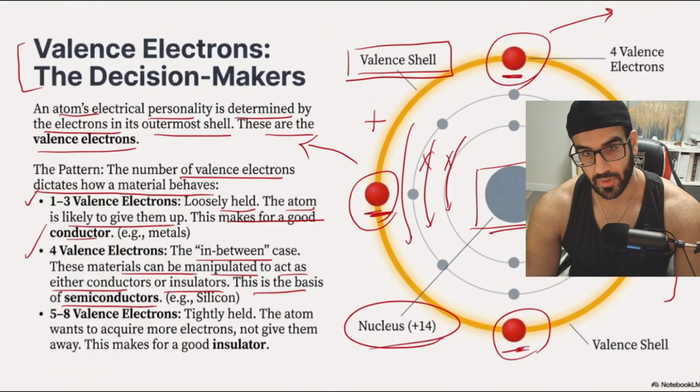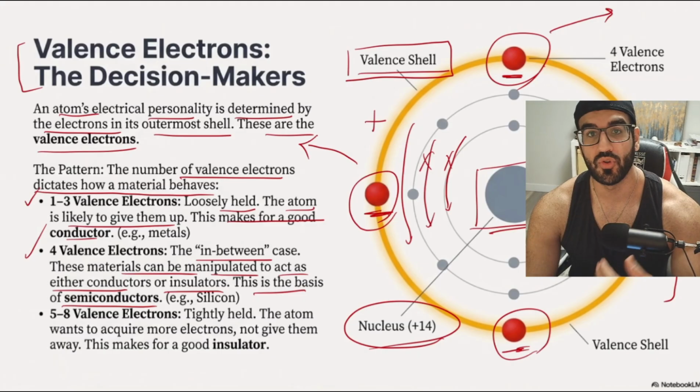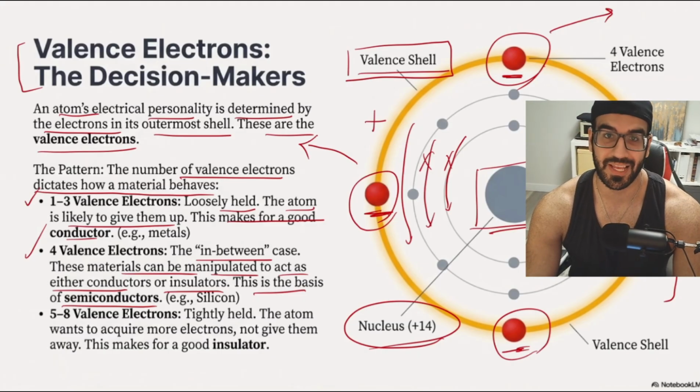Imagine you have a switch that gives you the power to change the characteristic of your material. If I turn that switch on, my material is going to be a conductor. If I turn that switch off, I'm not letting my material lose any electrons, and it's going to be an insulator.